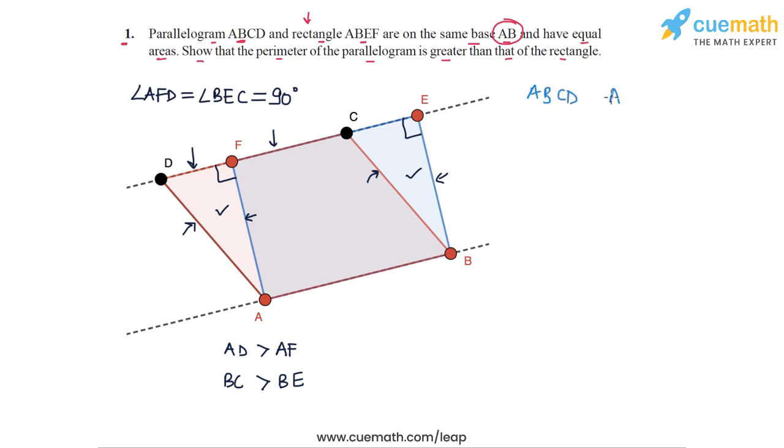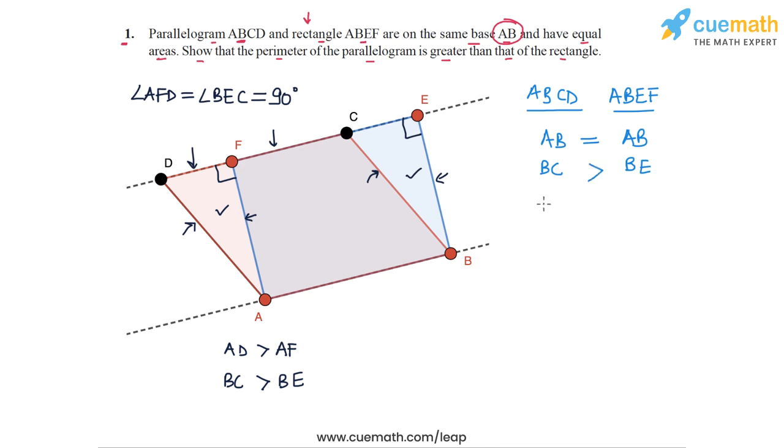Okay, so the parallelogram is ABCD and the rectangle is ABEF. So let's write out all the sides of each quadrilateral and compare them. In ABCD we have AB, and in ABEF we have AB, so these two are equal. Then in ABCD we have BC, corresponding side in ABEF is BE, and we have seen that BC is greater than BE.